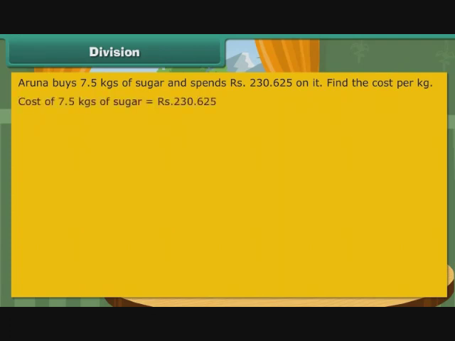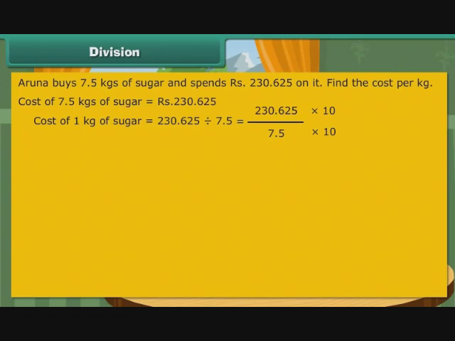Cost of 7.5 kgs of sugar is rupees 230.625. Cost of 1 kg of sugar is 230.625 divided by 7.5. To divide 230.625 by 7.5, we first remove the decimal point in the denominator by multiplying the denominator and the numerator by 10.